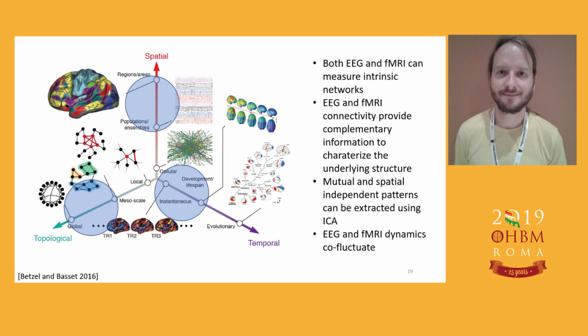What I then showed is that when we're using independent component analysis, we can extract those complementary patterns by using ICA. And finally, I showed that both EEG and fMRI functional connectivity dynamics fluctuate in the same range when putting them to a 1-minute sliding window.